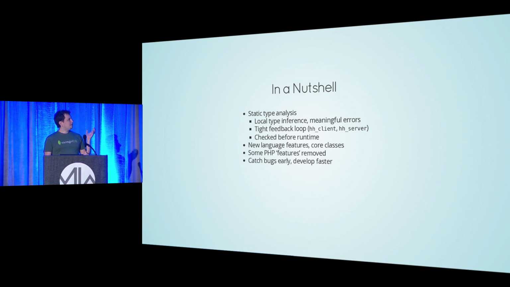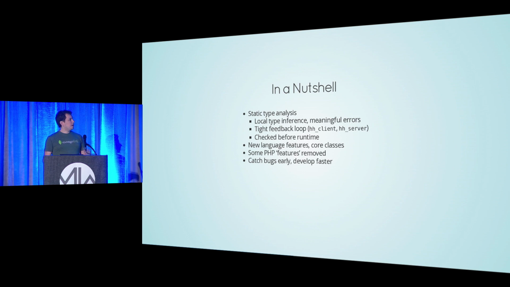So Hack adds them, and the nice thing is that they're completely opt-in. We'll see you could have legacy PHP code cooperate with statically typed Hack code and define points where they're allowed to call into each other. And basically all the type analysis, especially removing some of PHP's features, which are some of the things in PHP Sadness or PHP: a Fractal of Bad Design, removing things like globals or eval or variable variables.